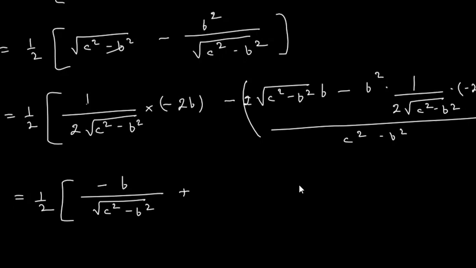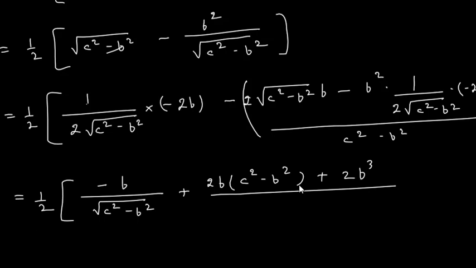Then we have plus sign here, this is 2b, and if I cross multiply it, this is 2b into c square minus b square, minus and minus is plus, so plus 2b cube, and whole divided by this 2 and 2 we have already cancelled, so it is b cube only.